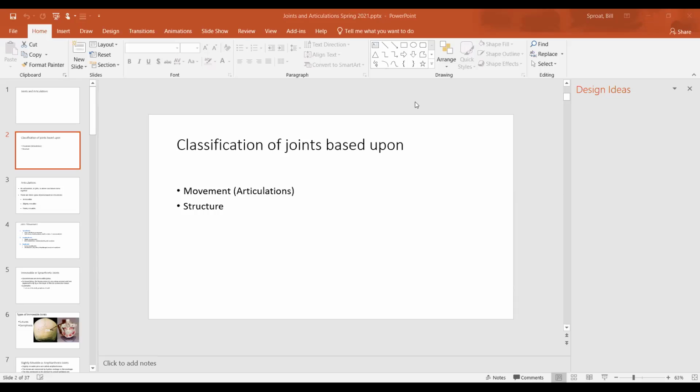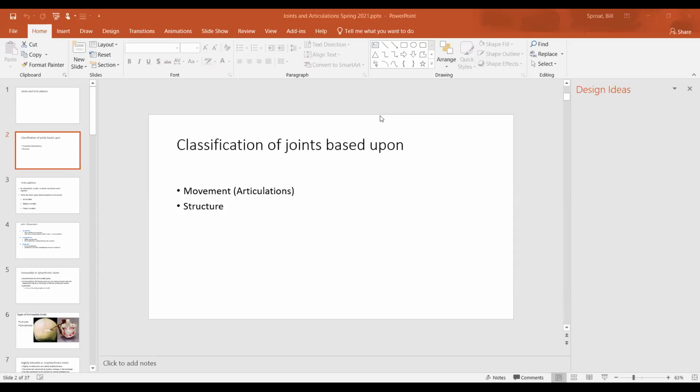So now, a joint is where two or more bones come together. They have movement. They articulate. And we classify our joints based on that kind of movement, whether it is a ball and socket type of movement, where they articulate freely, or they don't articulate at all. Is there a complete range of motion, or is it an immobilized structure that does not move?